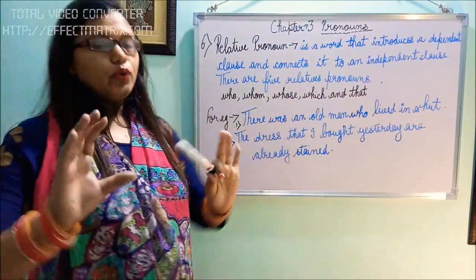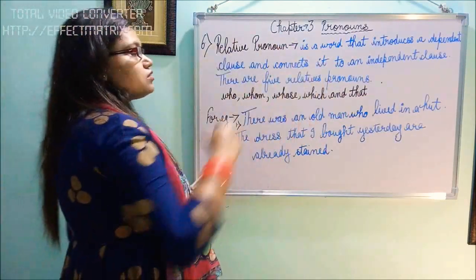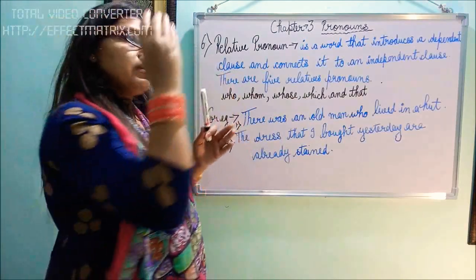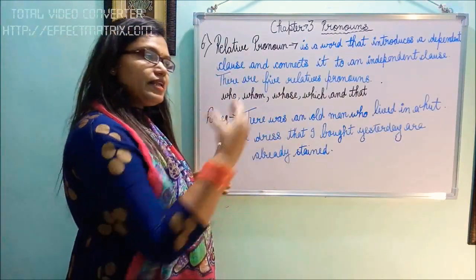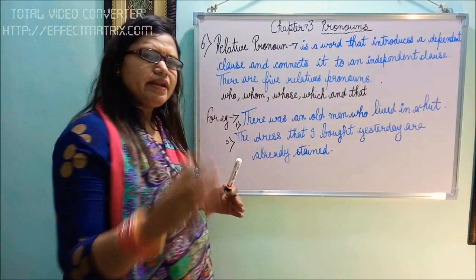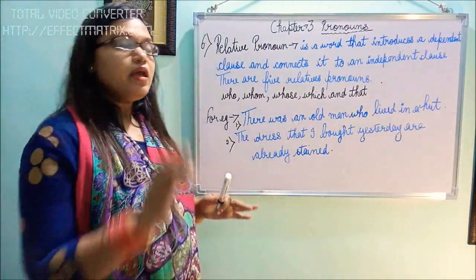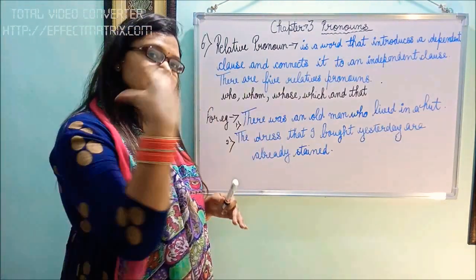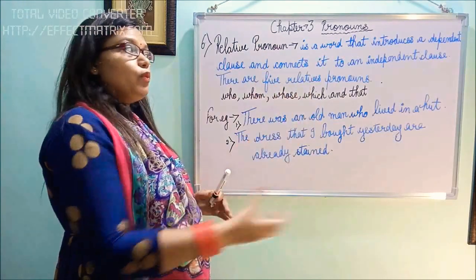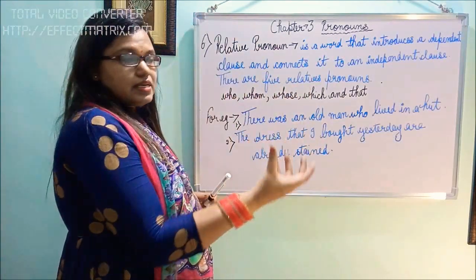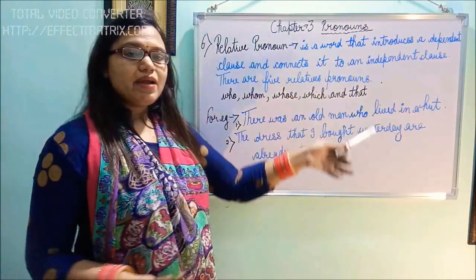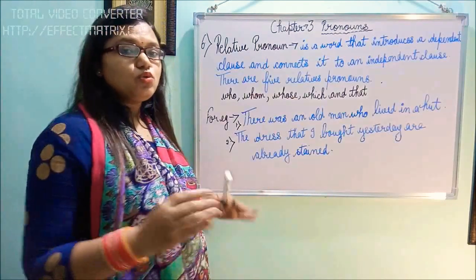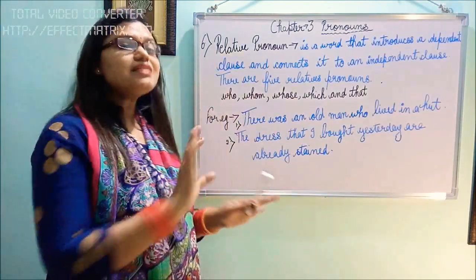Now students, no need to get confused about what a clause is. One is a dependent sentence, another is an independent sentence. Dependent means which needs someone to depend upon. And independent means which doesn't need anyone to depend upon, meaning a free sentence.